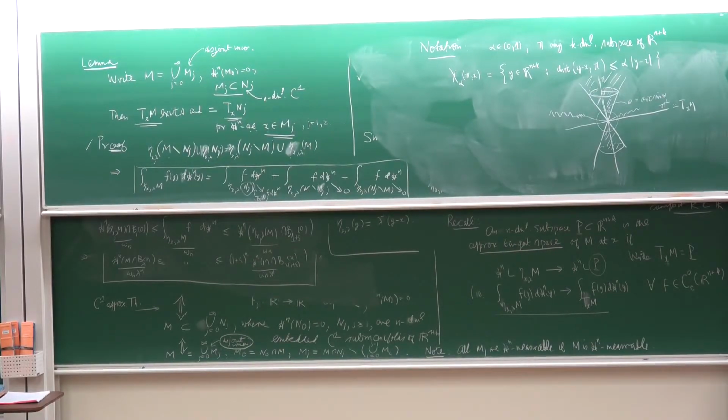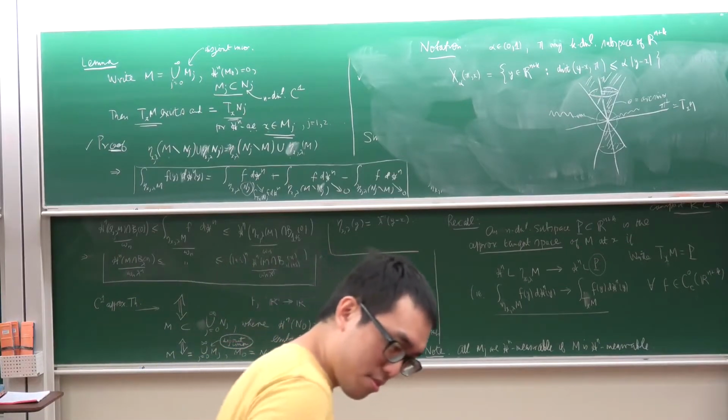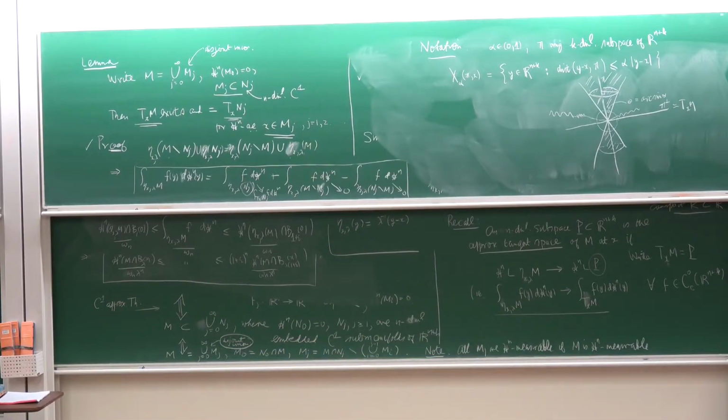May I ask a simple question? Except H^n, almost every field is kind of different. How different is the Lipschitz function from C1? Well, I think that's the Rademacher theorem and the C1 approximation theorem.